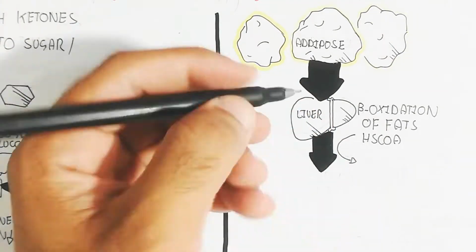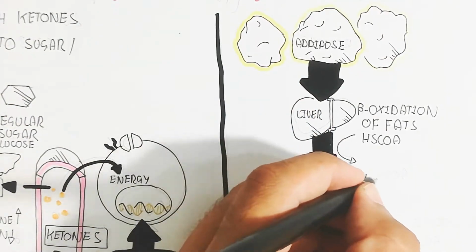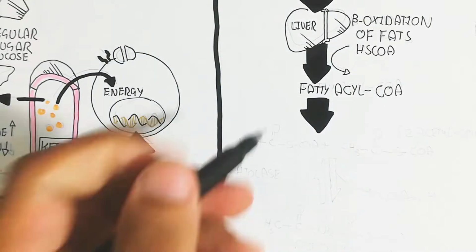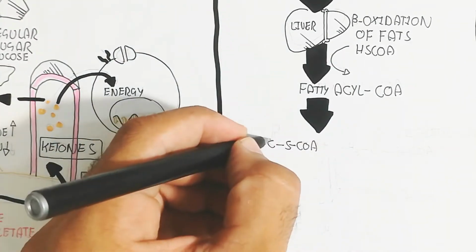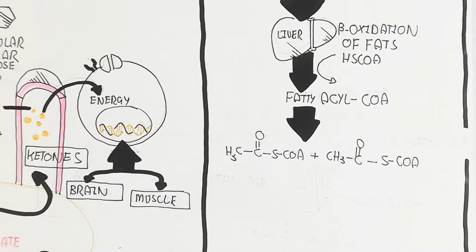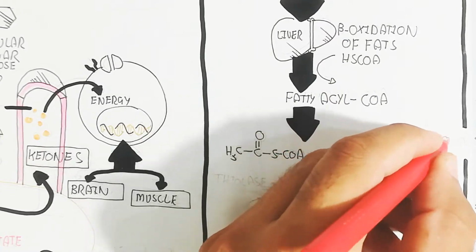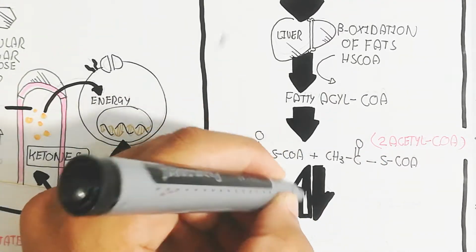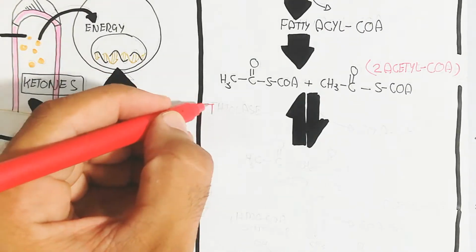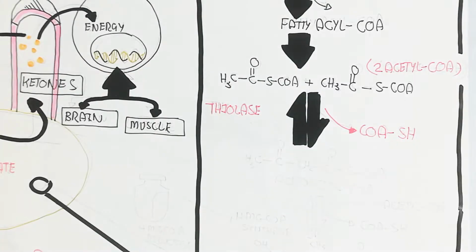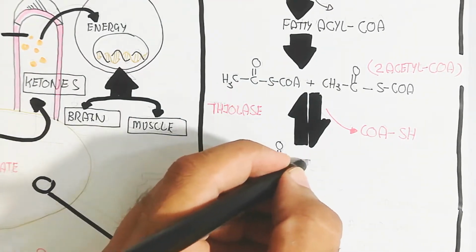So the CoA will be added to the fatty acid to form a fatty acyl CoA. After this, the fatty acyl CoA undergoes a chemical reaction to produce 2 acetyl CoA. There are a lot of acetyl CoA, but we are taking 2 here. In the forward reaction the CoA will be removed, while in the reverse reaction the thiolase enzyme is used to produce acetyl CoA again.